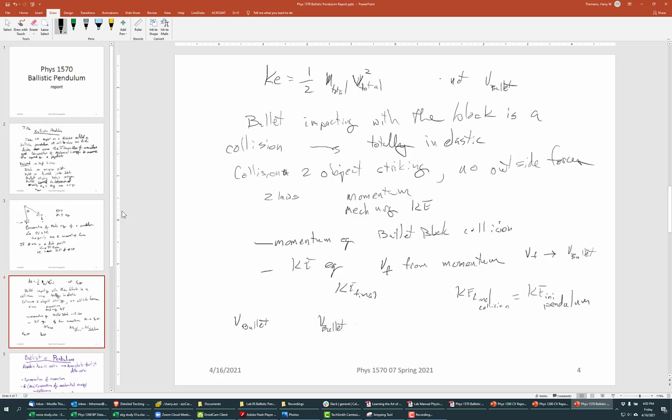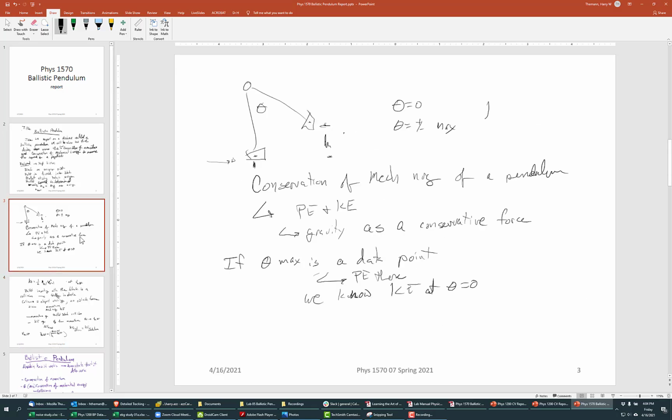And everything on this side would be the mass of the block, the mass of the bullet, and the height. So that's the mgh, because you can get rid of the theta, the angle. Originally, remember you started out with the angle, but H is a function of theta.